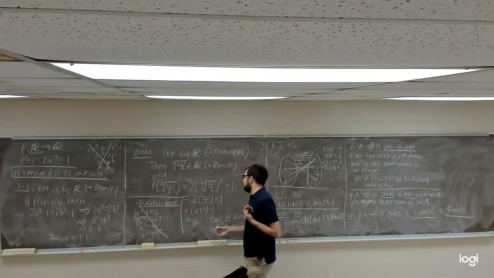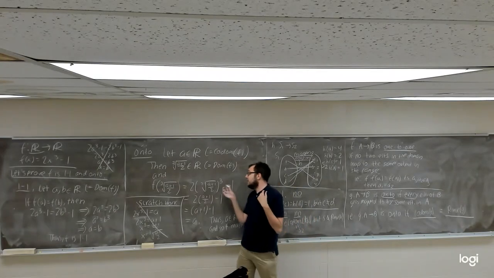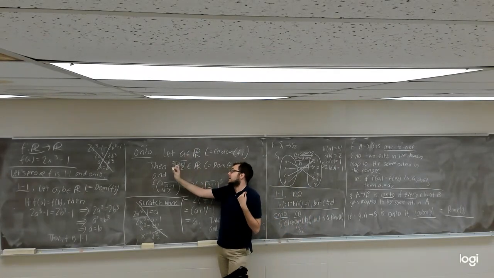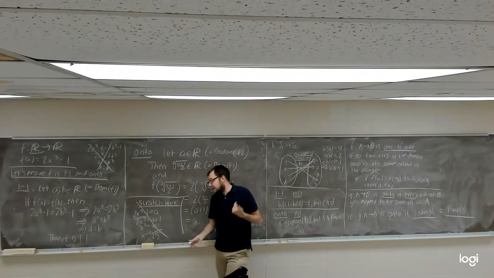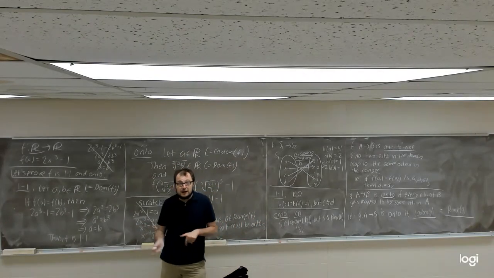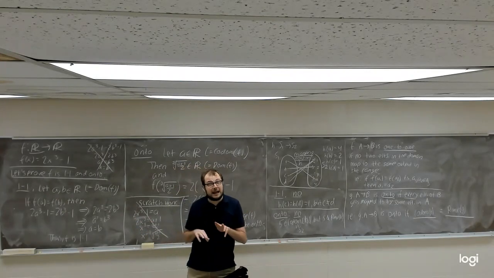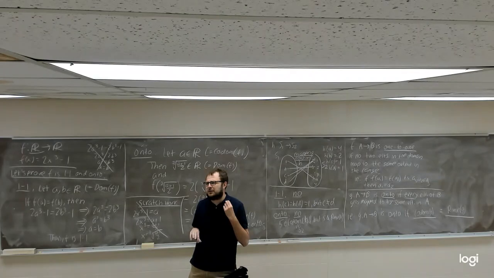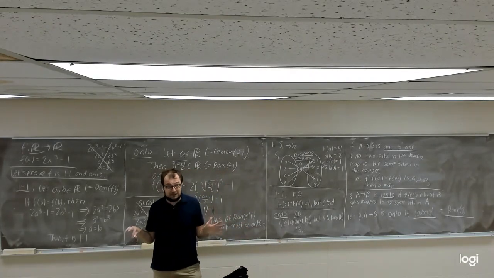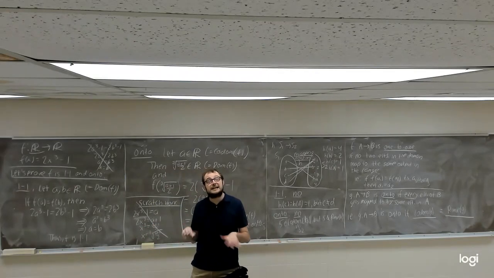This is the stuff I'm going to be looking for. I don't care how you found the element in the domain that maps to your A. Maybe you did some scratch work off to the side. Maybe you looked into your crystal ball. If you're my grad school professor, maybe you looked into your crystal bowl to see what element was going to map to A. How you found it doesn't matter.